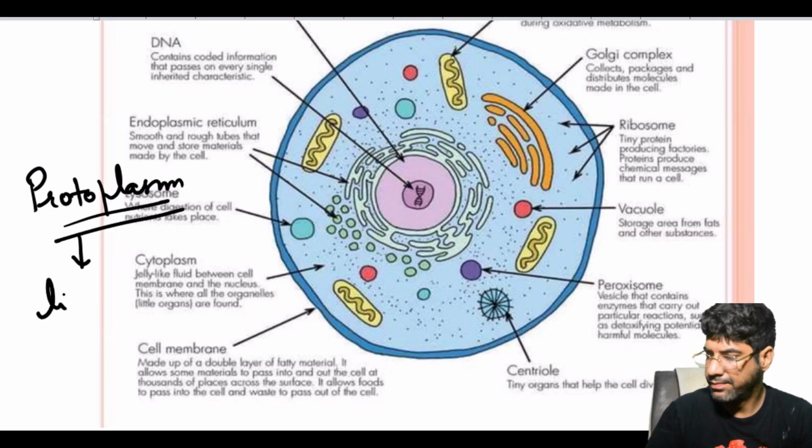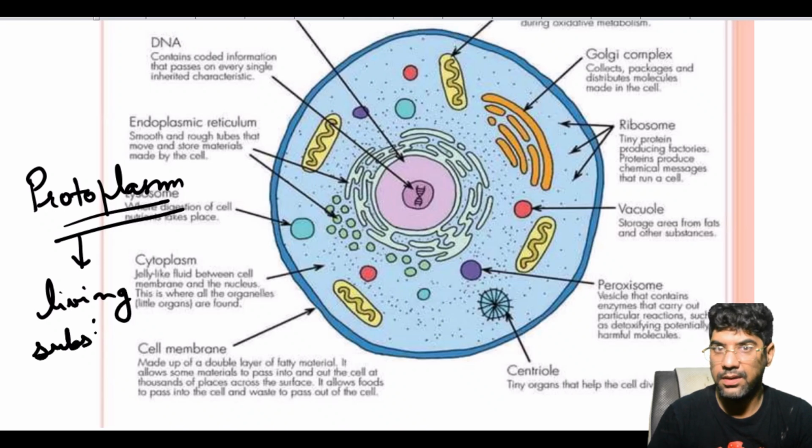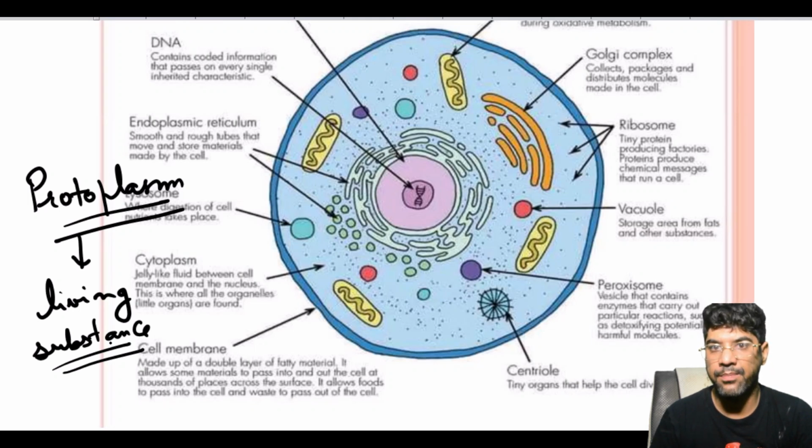So protoplasm is the living substance of the cell. It is a complex jelly-like material that includes all the components within the cell membrane, including the cytoplasm and nucleus.